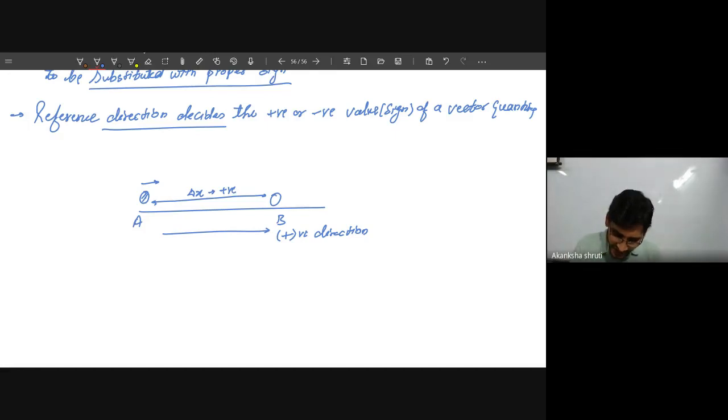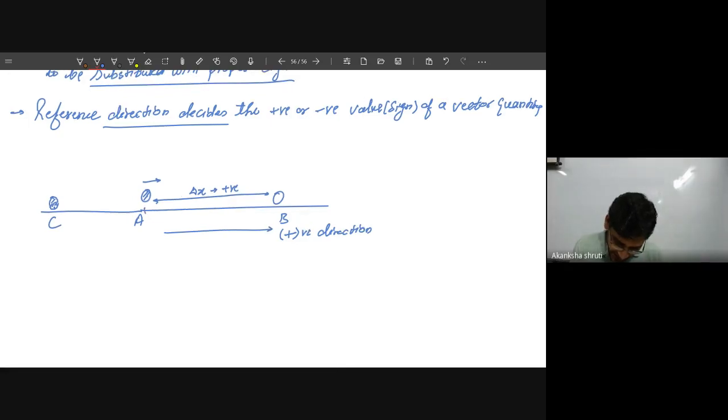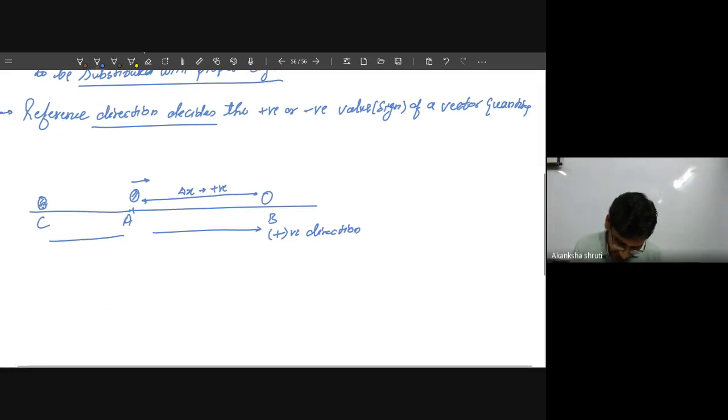But student, if this object is going to move to point C, so C means the object has reached behind this A. In this case, from this point A, this is in this direction. So when it is in the reverse direction, the value will be what?